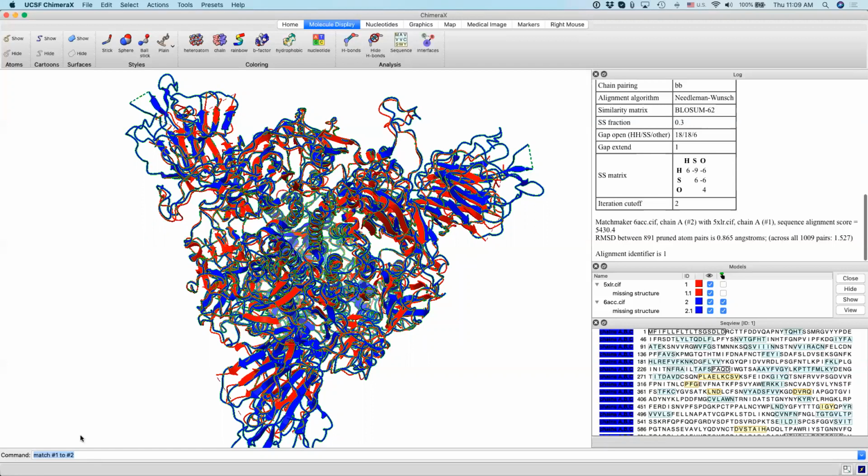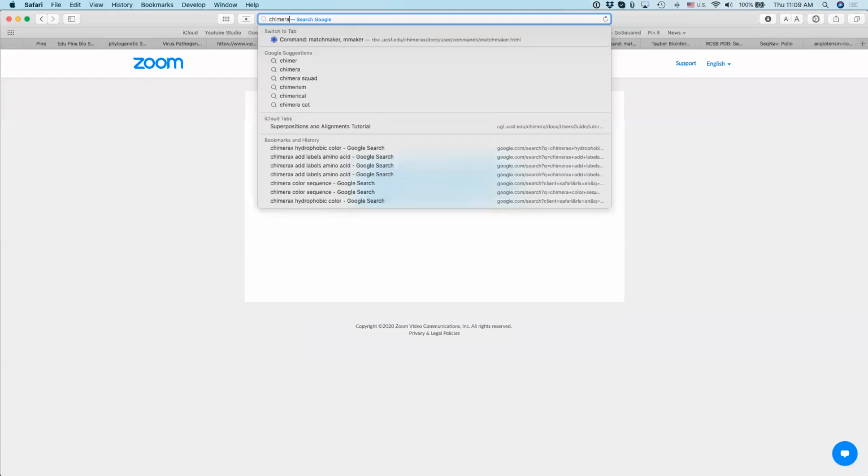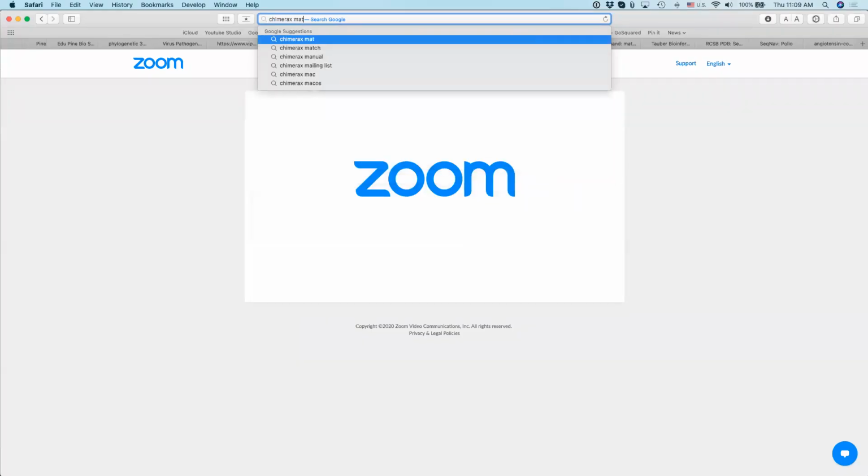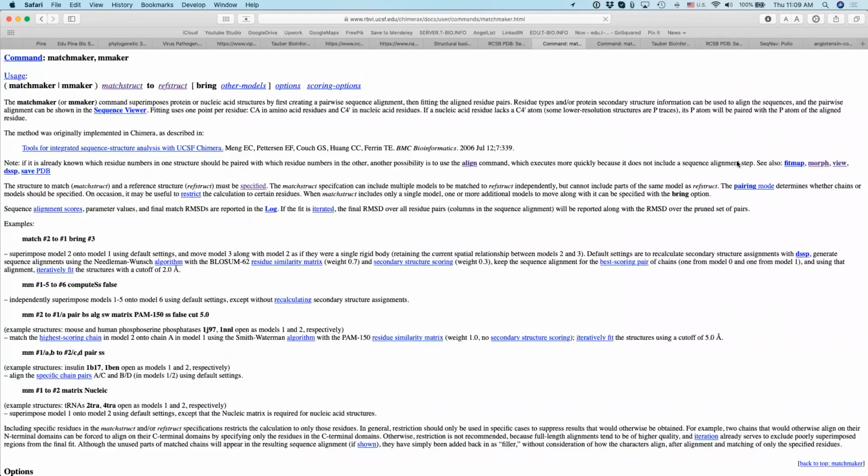You can read more about this command and what some of the different options are for different situations. So this is a little more information on how this matchmaker command could be used.